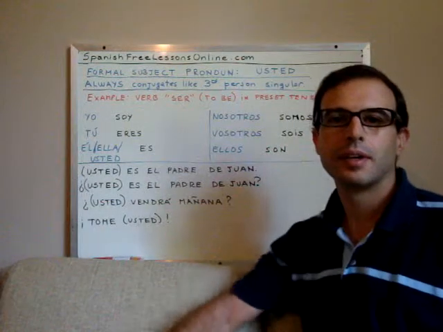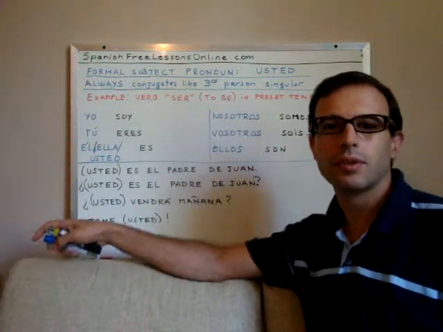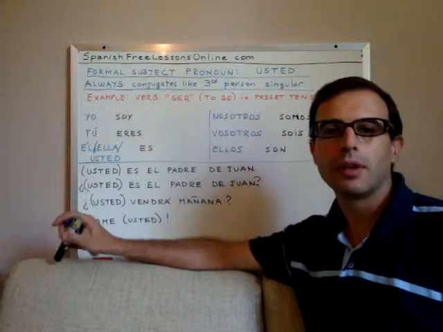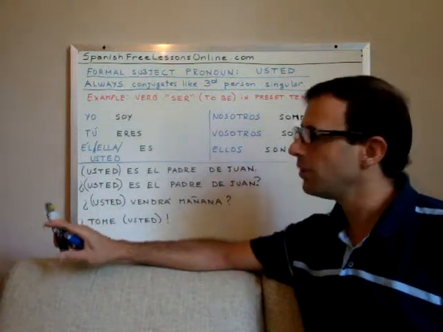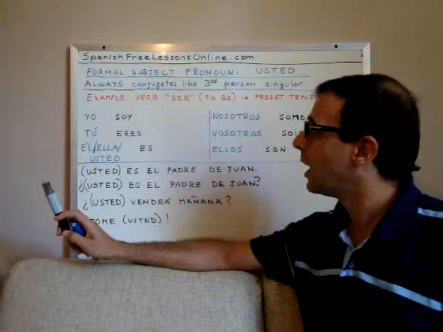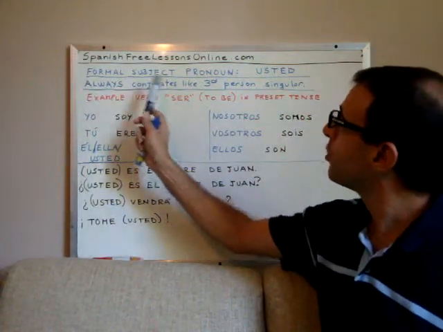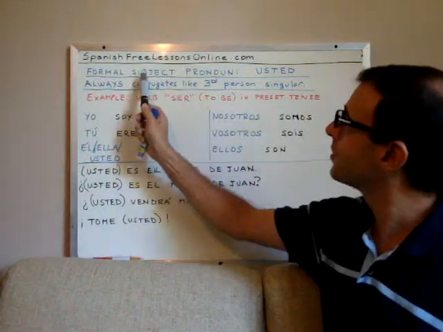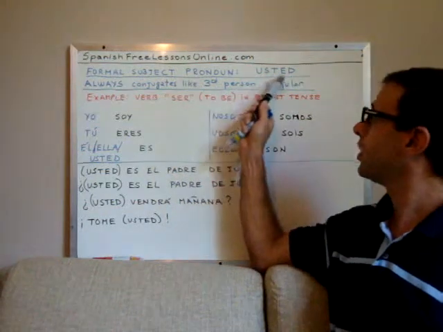Hi there. In today's Spanish lesson we will learn a topic that we haven't seen before. It's a very simple topic, but it's important, and it is the formal subject pronoun, usted.